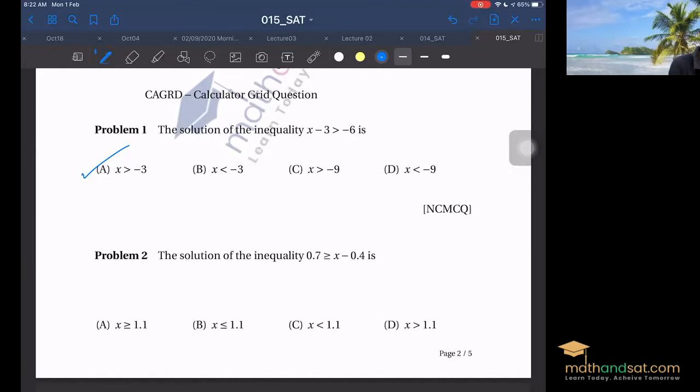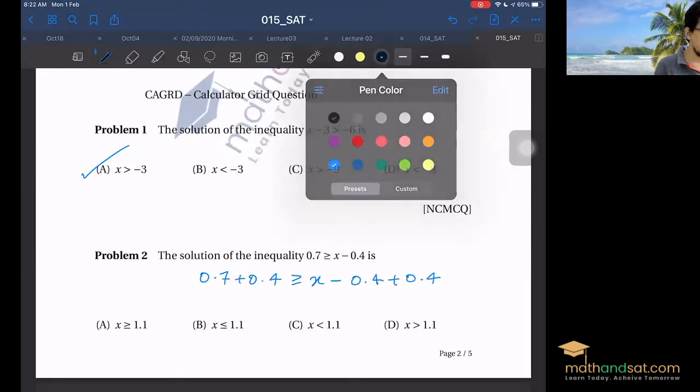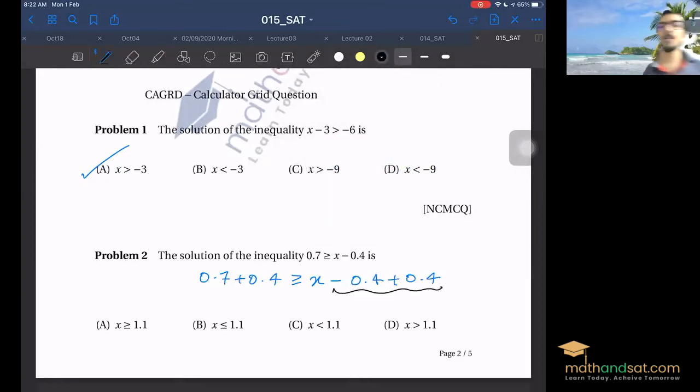So we have 0.7 plus 0.4 greater than or equal to x minus 0.4 plus 0.4. So this will go away because these will get cancelled off. You're left with 1.1 greater than or equal to x.